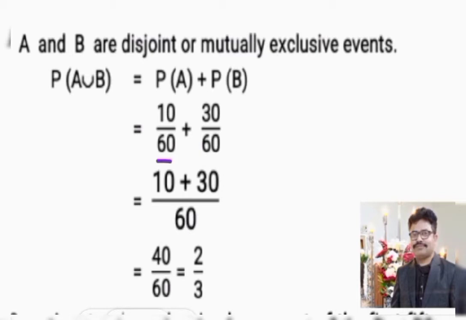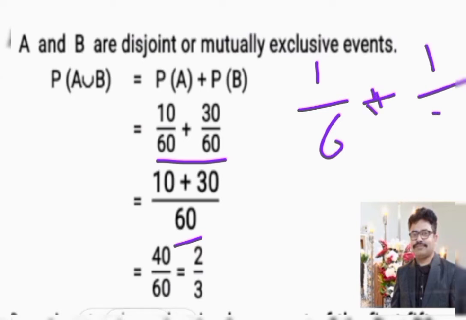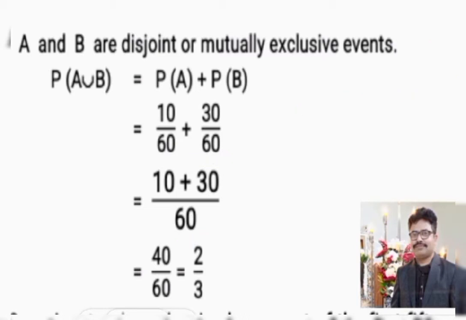As the denominator is common, that is 60. As I told before, if we simplify 10 by 60 to 1 by 6 and 30 by 60 to 1 by 2, the LCM will be complicated. But as I have not cut these values, the LCM is very simple for you.